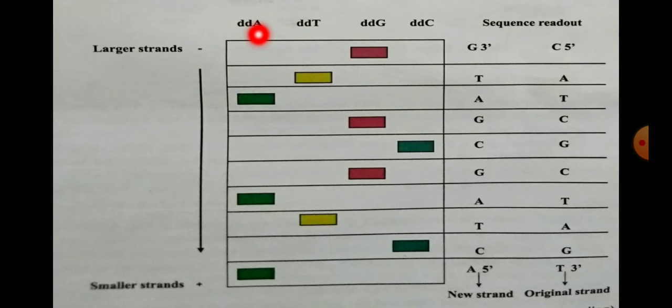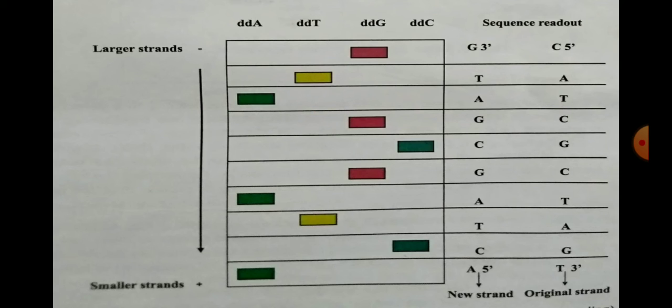Suppose this is the direction of movement; this one will move faster as compared to this one, or this one. According to density or molecular weight, the lighter strand will move faster. So by locating the position, we can find out the specific nucleotide DNA sequence.